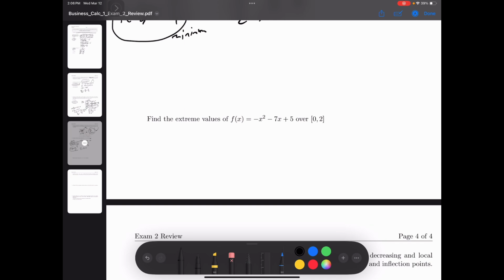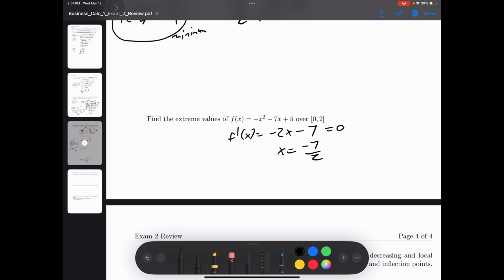Now this one we also have to find the extreme values of f of x equals this other function. Let's take the derivative of it, and we get f prime of x is equal to negative 2x minus 7. If I set this equal to 0, I add 7 to the other side, I divide by negative 2, x equals negative 7 over 2.